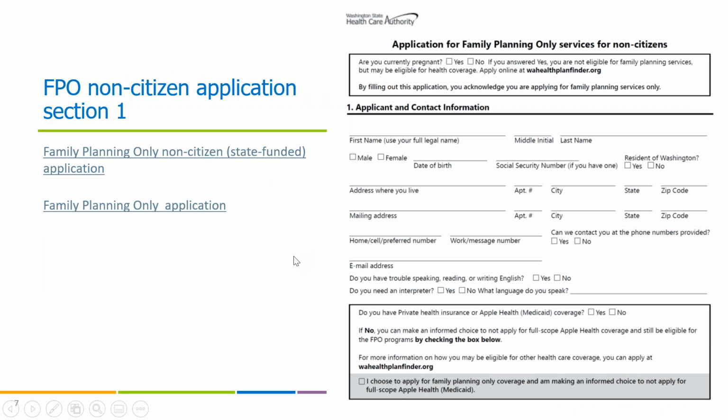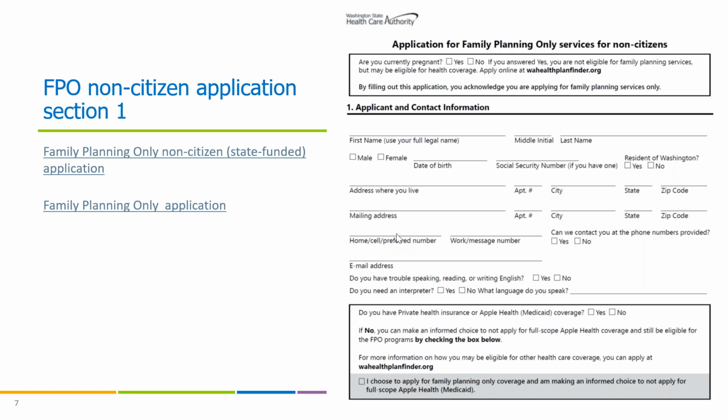Okay, now we're going to review the actual non-citizen application. Melissa Rivera. Hi there, thank you so much. So we're going to review the application for family planning only services for non-citizens. This application, we tried to match it as much as we could with the regular application for family planning only services for citizens, so we tried not to make it a huge difference.